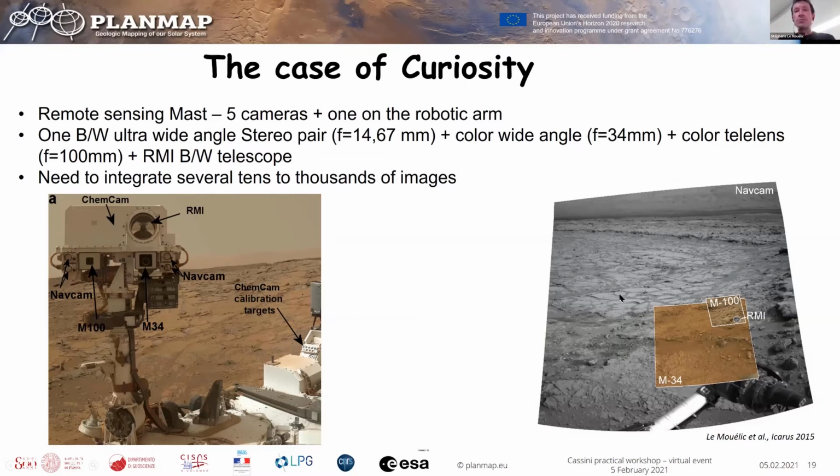But what we are most interested in is the color imager coming from what we call the Mastcam 30 and the Mastcam 100 cameras. On the right side, you can see the respective fields of view of these color cameras. And you see that the field of view is 3 times tinier for each camera.